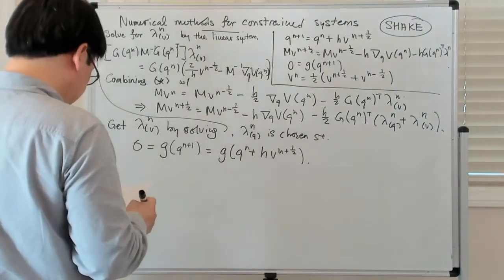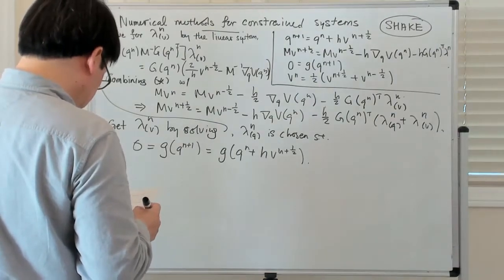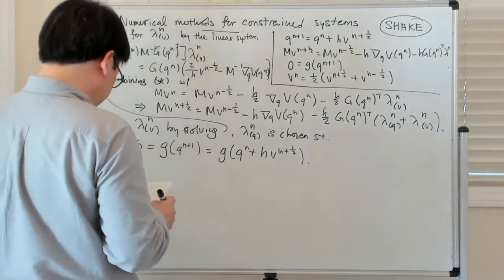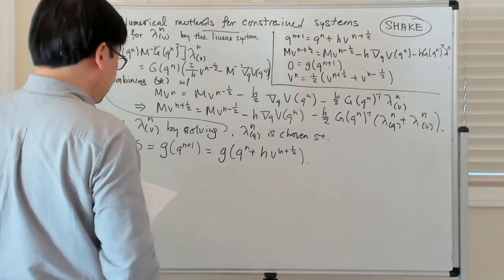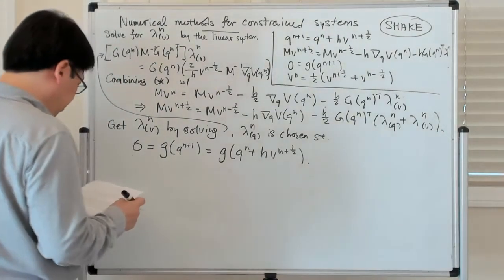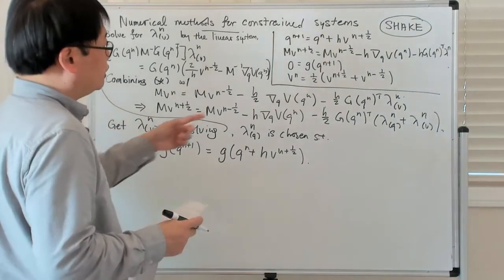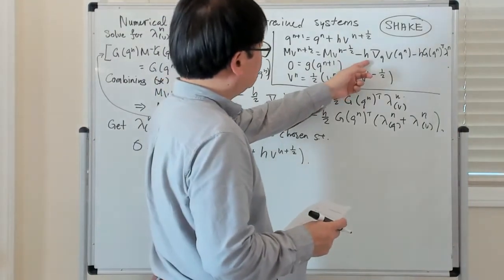Anyway, the point basically is that this RATTLE method is formally equivalent to the SHAKE method, except that the multipliers have been replaced.